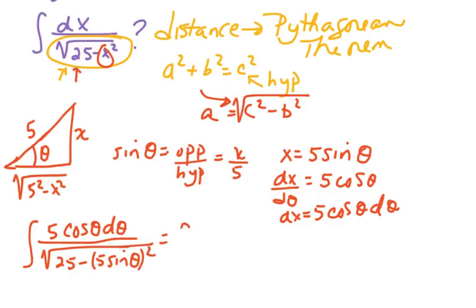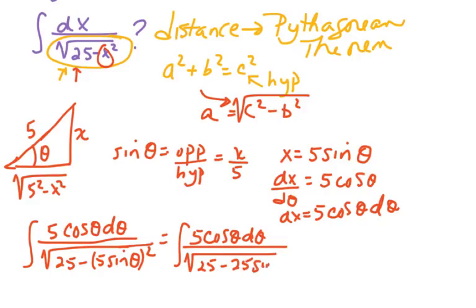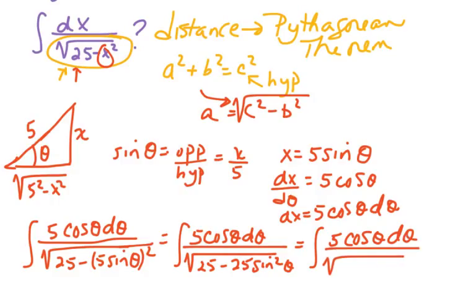Let's do a little bit of algebra here and see where we go. 5 cosine theta d theta on top, there's not much we can do there. On the bottom, however, I can work algebraically to simplify this a bit. If I factor out a 25 from below, I see that I've got 1 minus sine squared.